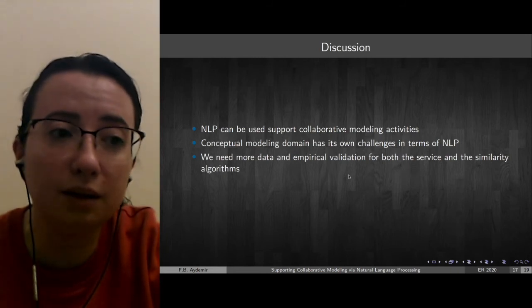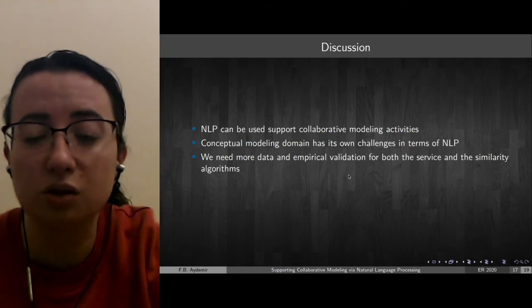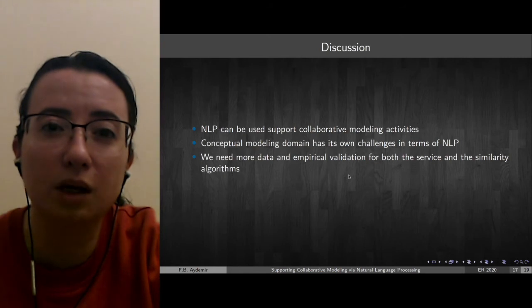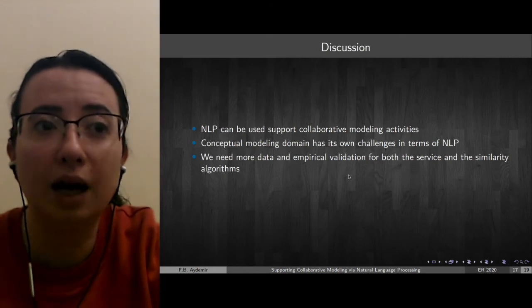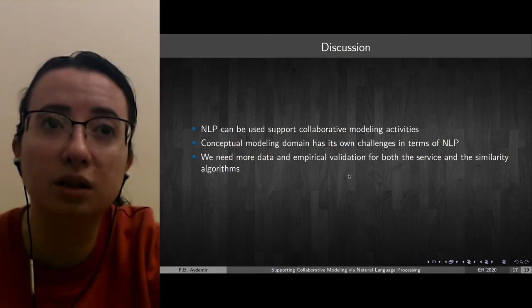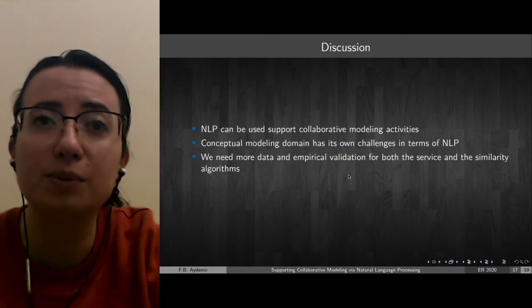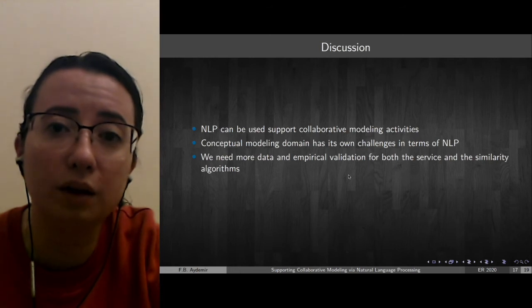The conceptual modeling domain also brings some challenges of its own to natural language processing. We do not always deal with complete sentences. We have lots of jargon, so generally trained natural language models may not work the best for our cases.